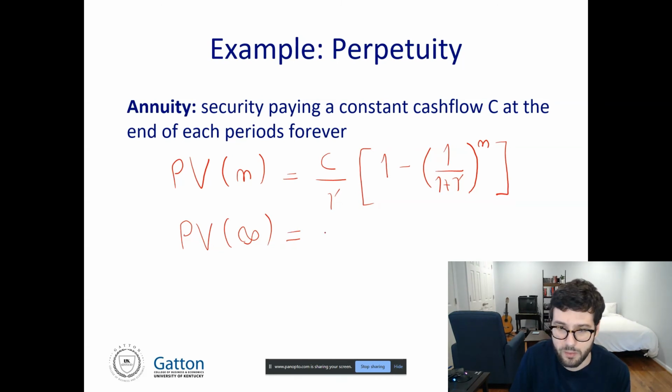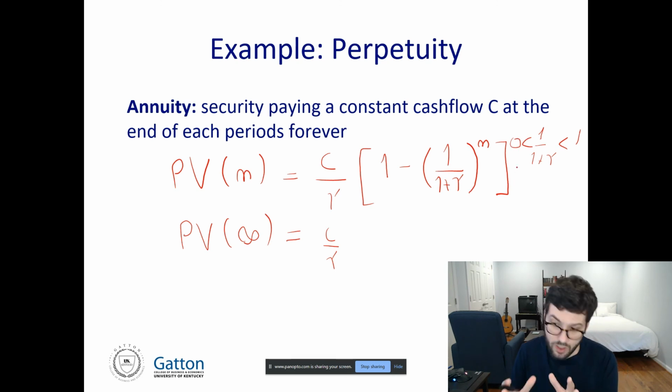So the first term, C over r, is unchanged. The only thing that depends on n in this equation here is this term, 1 divided by 1 plus r to the power n. So 1 over 1 plus r is positive and is smaller than 1.